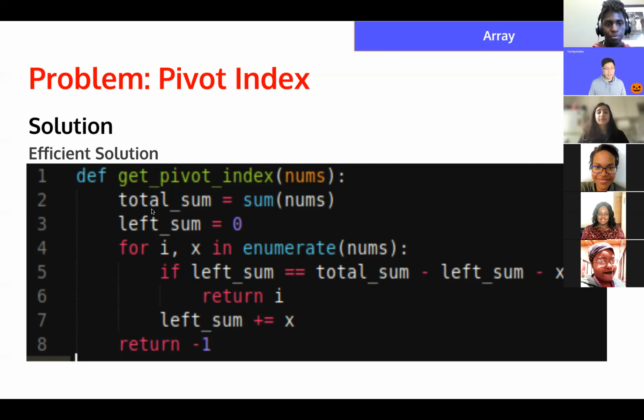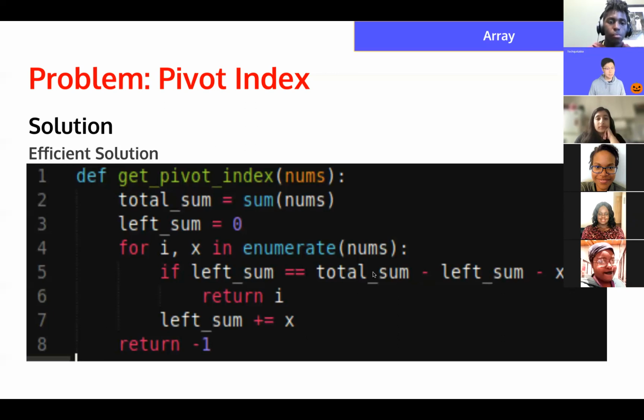After we find out the total sum, we declare a single variable that represents the left sum, and we initialize it with 0. Then we iterate through nums again for the second pass. In the second pass, we compare the left sum against the right sum, which is calculated through subtraction, also a constant time operation.